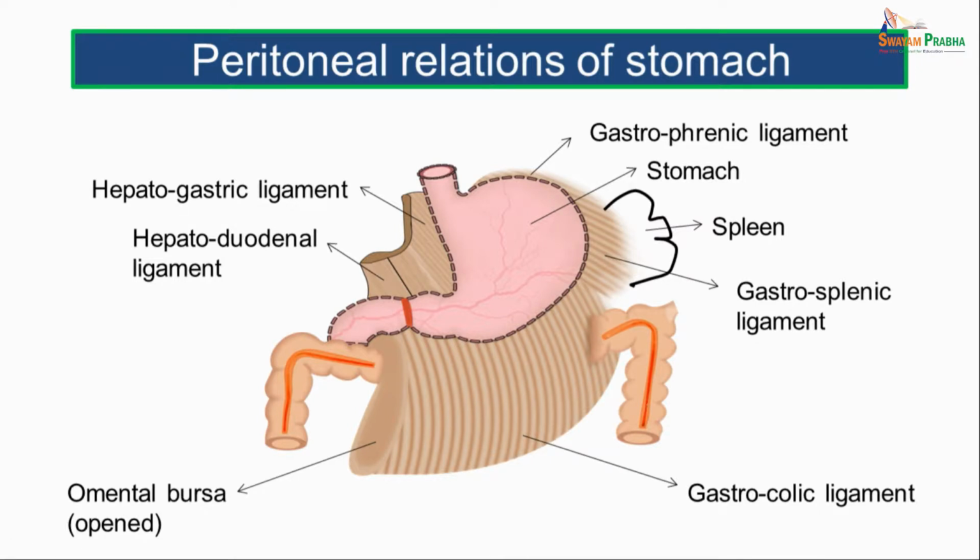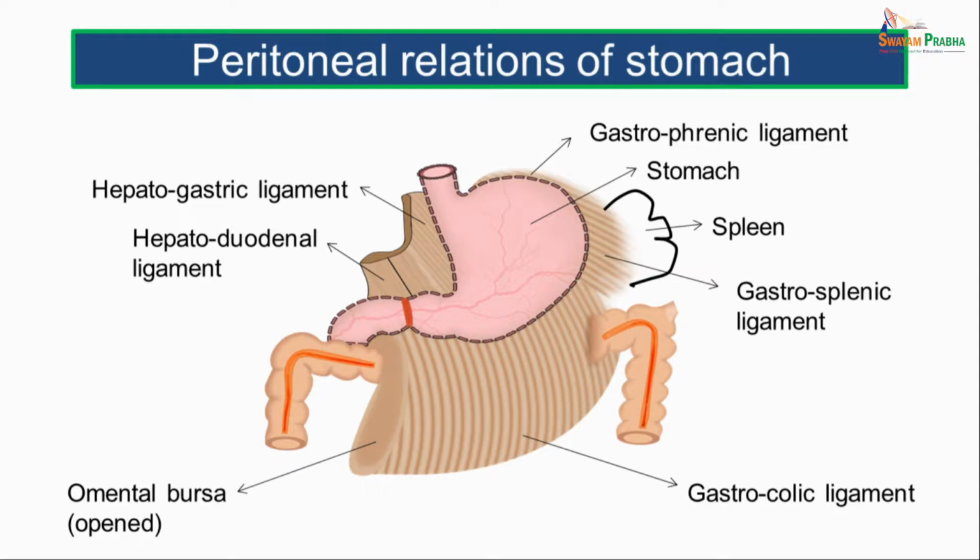Thus, we see that peritoneal relations of the stomach include the lesser omentum along the lesser curvature, the gastrophrenic ligament, the gastrosplenic ligament, and the gastrocolic or the greater omentum along the greater curvature.